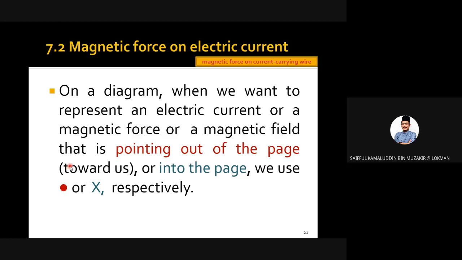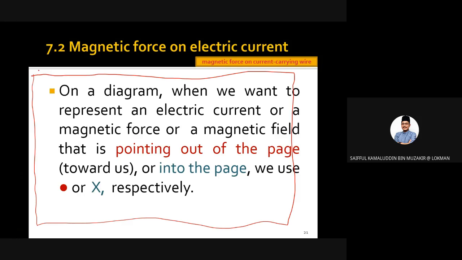This is our page. Let's say we have a force going into this page. We use this symbol. It means that with the X, there is a force going into the page. And for example, how are we going to say that the direction of an electrical current is out from the page?